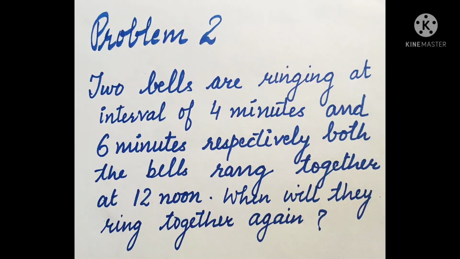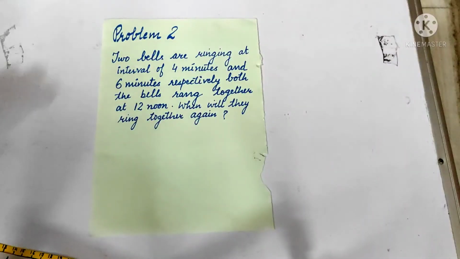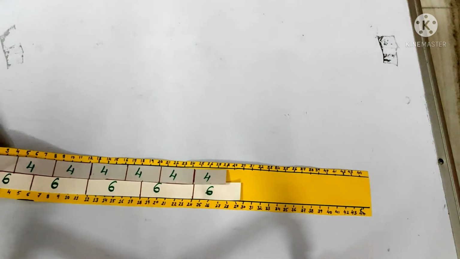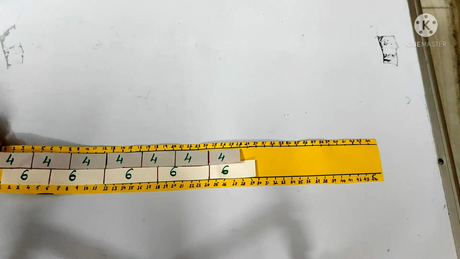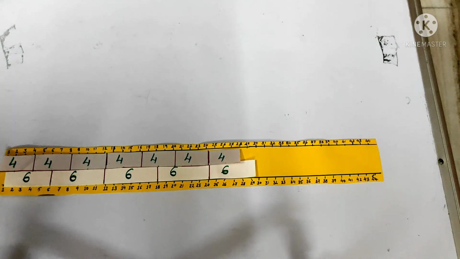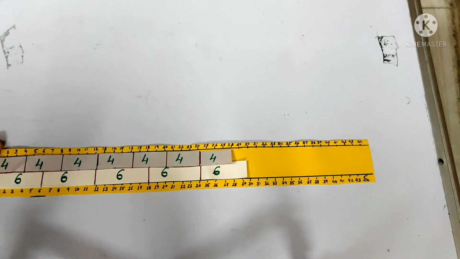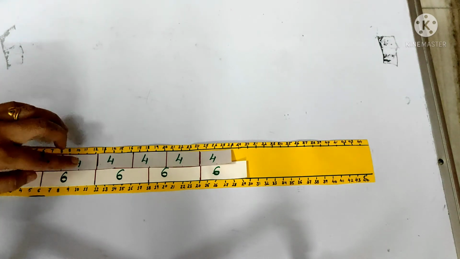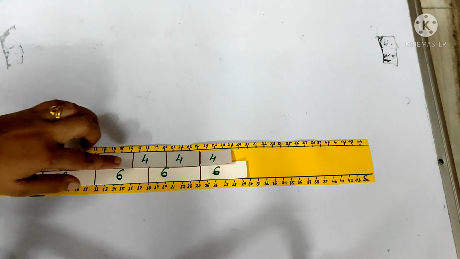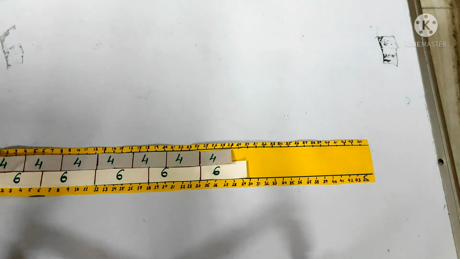So let us start with the activity we have done to find out the LCM. We'll use those paper strips and ruler to find out the LCM of 4 and 6. Now you can see in this ruler you can easily identify that 4 and 6 are coinciding at 12 and then at 24.